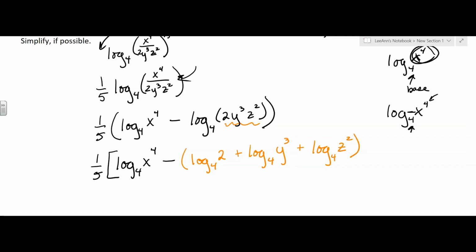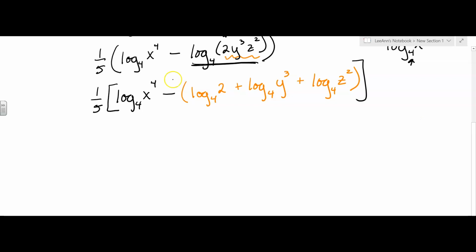And then what I've done is I've taken the multiplication that was in here and split that up with addition, okay? So I'm trying to take it one piece at a time. So first I took care of the division. Now I'm splitting up this back logarithm here because it had multiplication inside, so I split it up into 3 pieces. Okay, now I need to distribute that subtraction sign.